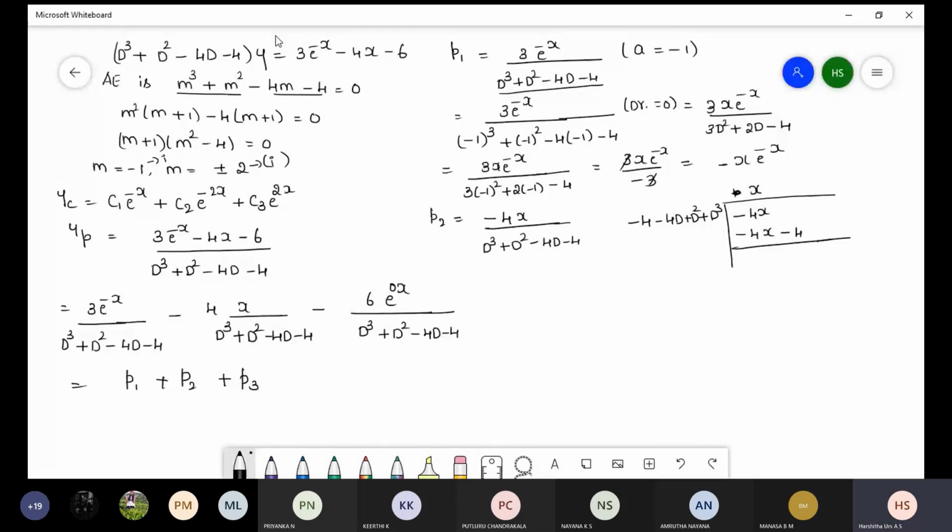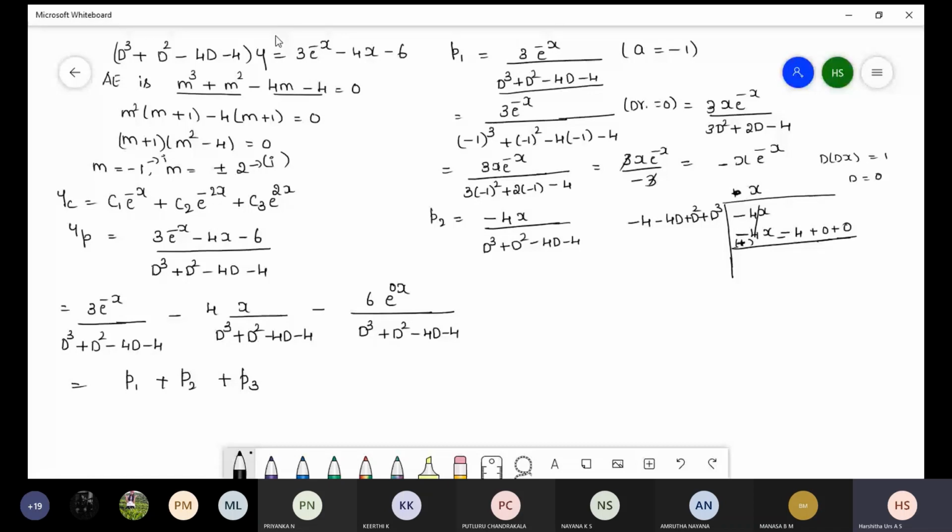The first differentiation of x is 1, the second differentiation is 0, so for the second and third differentiation we get 0 for x. Now when we are doing the division method, please change the sign here. Don't forget to change the sign. So minus here, minus we have, so change the sign to plus. So these both will get cancelled.